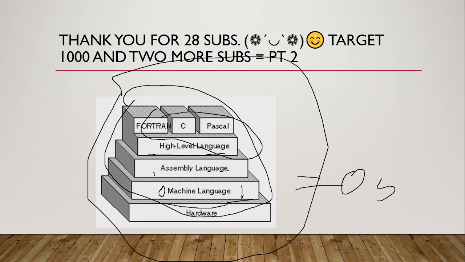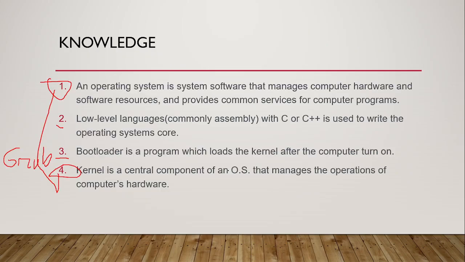And they interact with hardware. And in these things, we have the kernel inside of it. So the kernel is like a seed, and the rest of it is the trees.